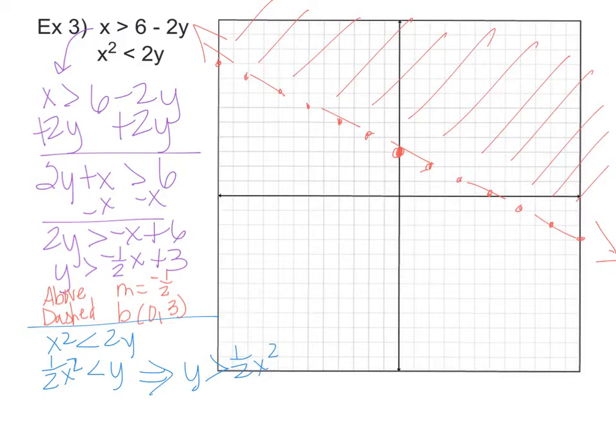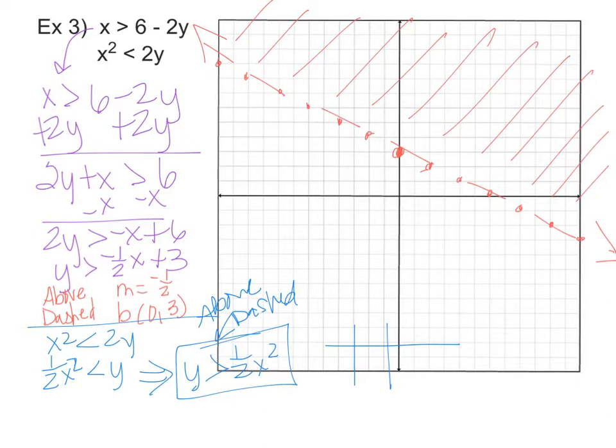Now, with this parabola, the same scenario applies. This is going to be shading above, and I know it's going to be a dashed line that we're looking at. So it's a parabola. So how we're going to do this is we're going to make our x, y chart, right? And I'm going to kind of write over the top of my grid because I know I'm going up with this, so we're good.